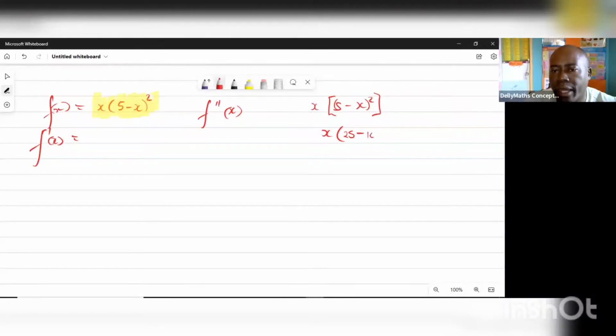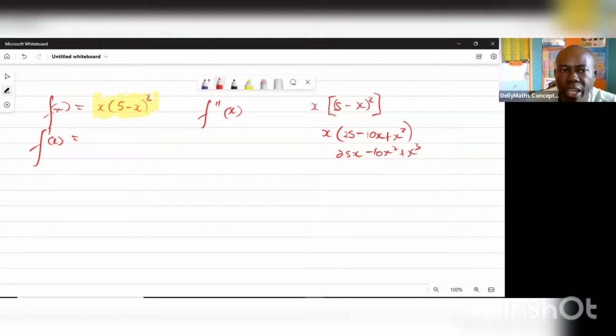Double that, we get negative 10x, and then x squared. Then we distribute that x inside. So when we distribute the x inside, I'm looking at 25x minus 10x squared plus x cubed. So that is what we're really going to be differentiating here.